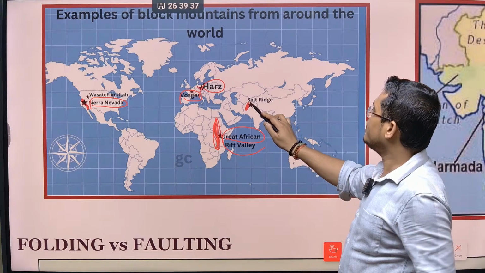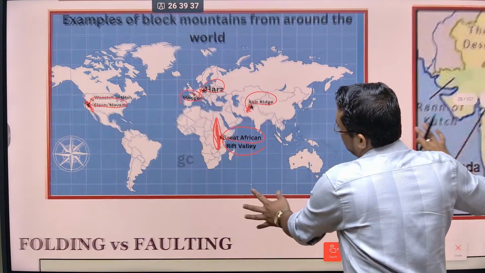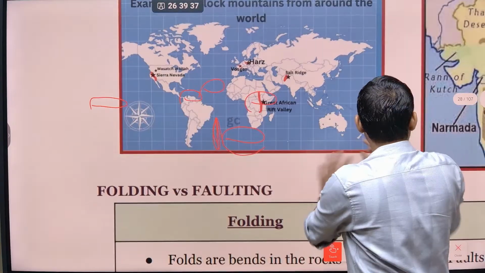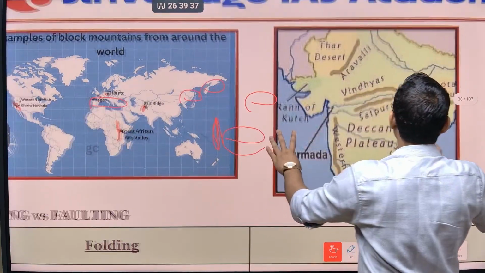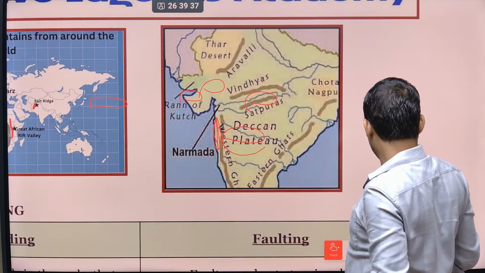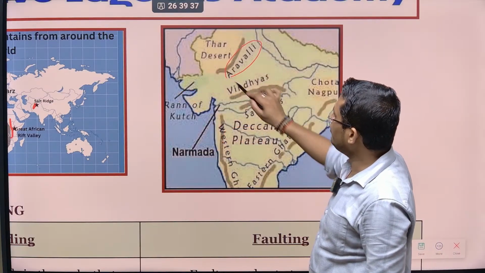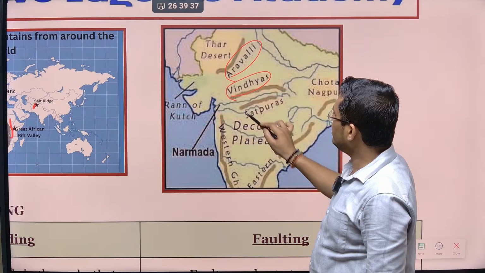Okay. Here it is the Salt Range. So these are a few block mountains I have shown you. Next is about India. If you see the block mountains of India, you can see some mountains. This is called Aravalli mountain, this is Vindhya mountain, this is Satpura.